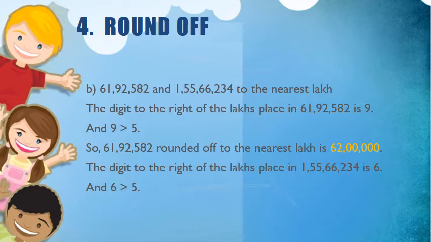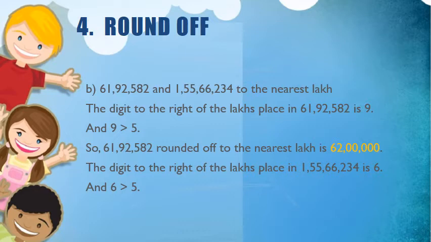And now children, let's see another number, the second number. The second number is 1,55,66,234. Again, we have to round off this number to the nearest lakh. The digit at the lakh place is 5 and the digit to the right of the lakh place in 1,55,66,234 is 6. And children, 6 is greater than 5.